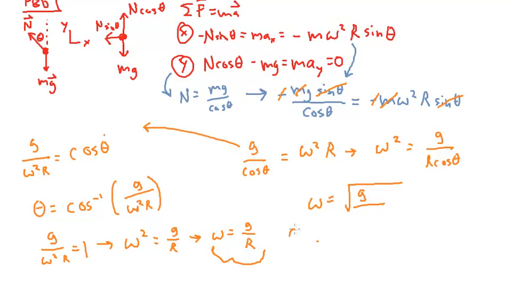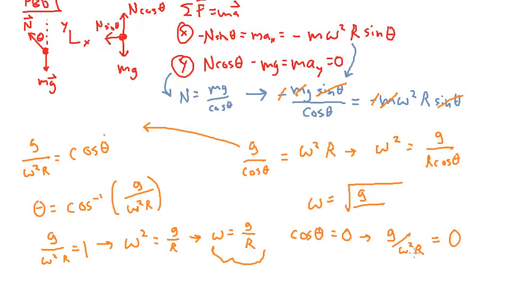Cosine can be 1, or cosine can be 0. At g over omega squared r equals 1, that's one extreme, the maximum value for the cosine of theta.